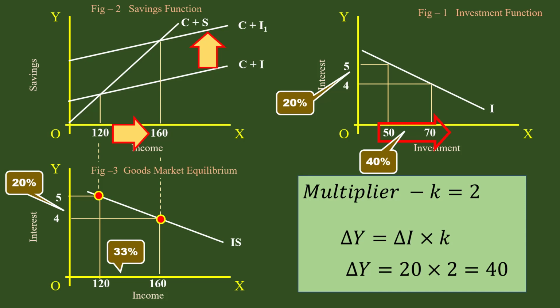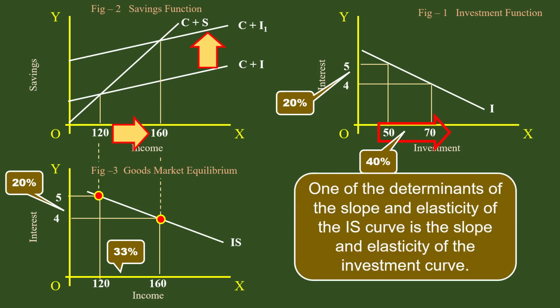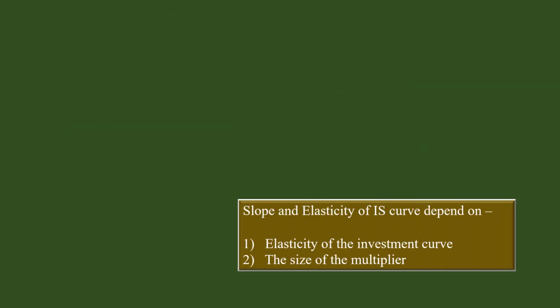IS curve is also relatively flat and relatively elastic. Thus, one of the determinants of the slope and elasticity of the IS curve is the slope and elasticity of the investment curve. Okay. The second factor that determines the slope of the IS curve is multiplier.